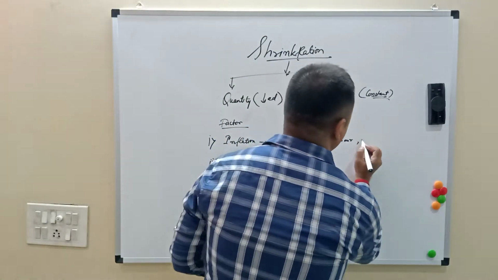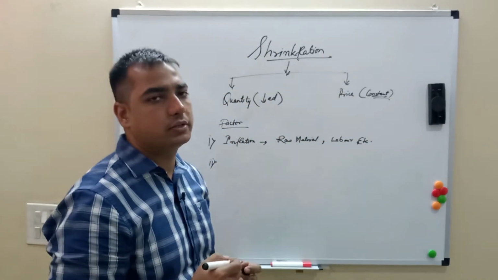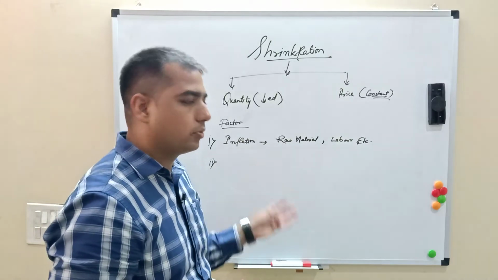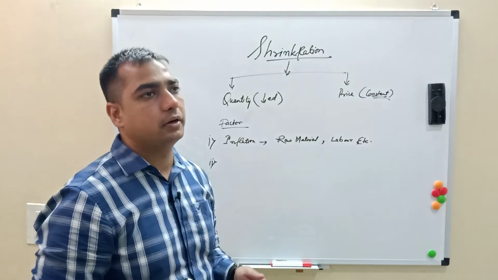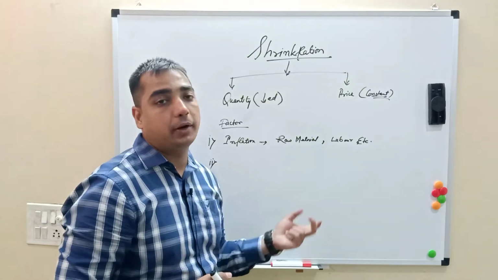So I will write etc., because there are n number of factors which influence the cost of a product, starting from raw material, machinery, labor, then also the capital. All these things are there. The capital also has its cost.